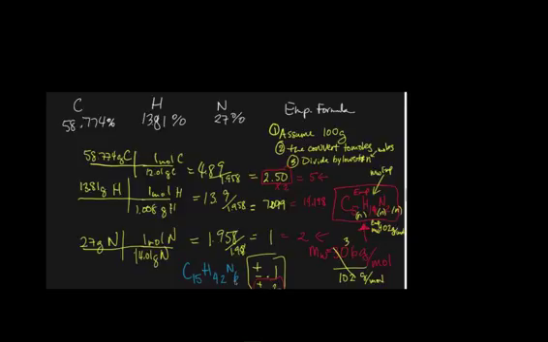Do you see how I did that? So I found the molecular weight of the empirical formula, then I divided the molecular weight of the molecular formula by it. This is the actual molecule, the compound we're dealing with. This is just a base formula that gives rise to this compound.